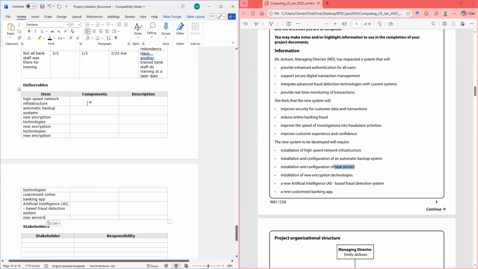What's a description? What's a component of this one? High-speed network infrastructure. I'm just going to put hardware because it is actually hardware. And the description is for the system. You can just put what it's going to do, right? So the description would usually be, what do we need a high-speed network infrastructure for, right?